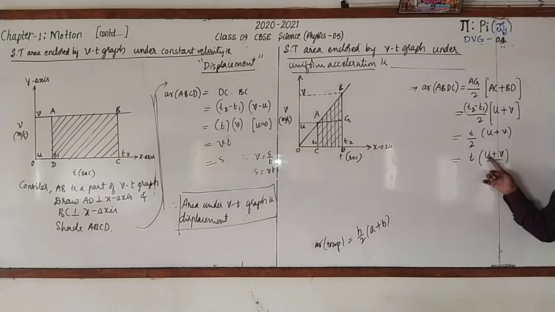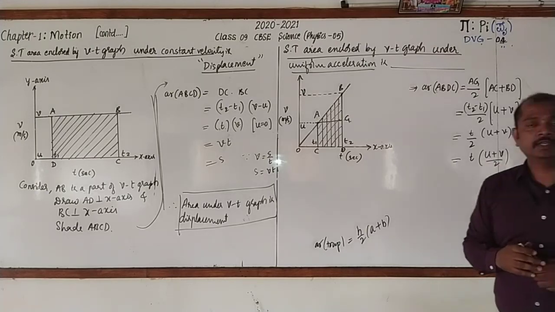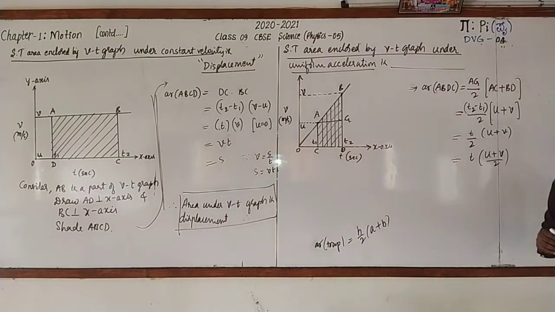You just recall that. What does U represent? It is initial velocity. V represents final velocity. 2 represents divided by 2. Then it is the formula of which physical quantity? The arithmetic mean of initial velocity and final velocity is the average velocity.